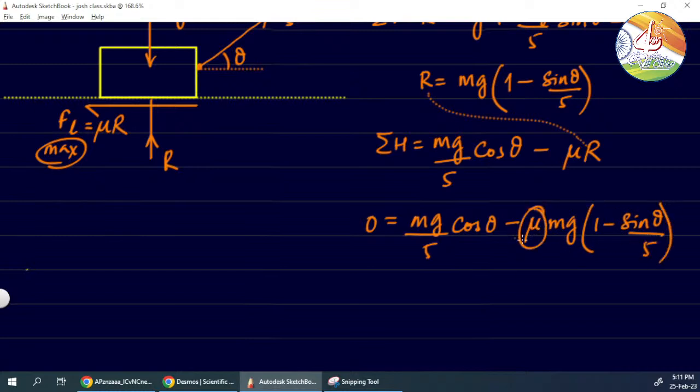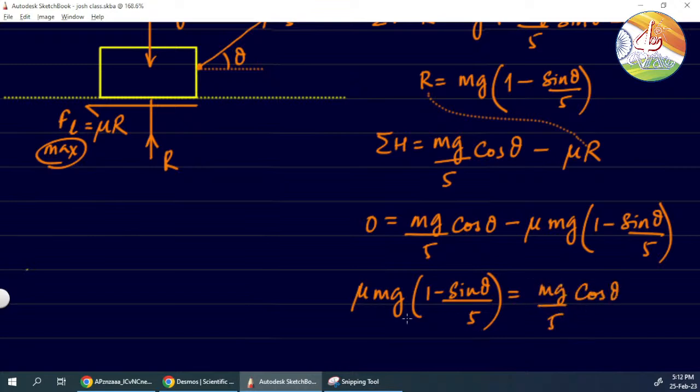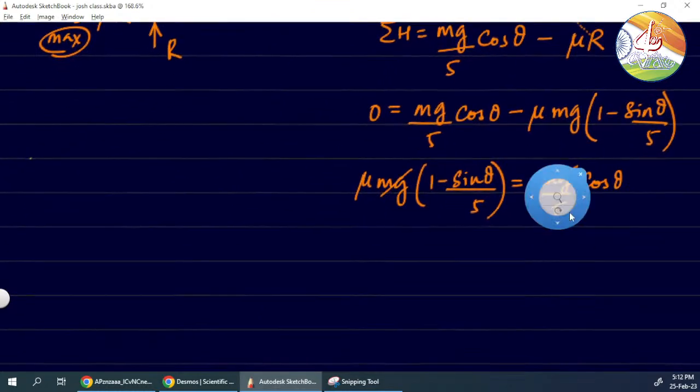Now we are interested in finding mu, so keep mu on one side and send everything to the other side. So mu mg into 1 minus sin theta by 5, we have sent it to the left side. Right side we will have mg by 5 into cos theta. So mg and mg will cancel out, and mu will be equal to cos theta by 5, and we need to take the reciprocal of this.